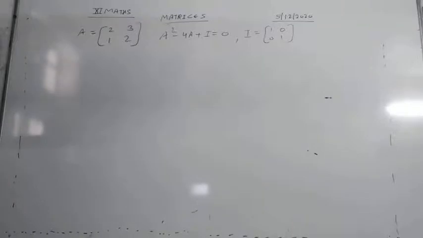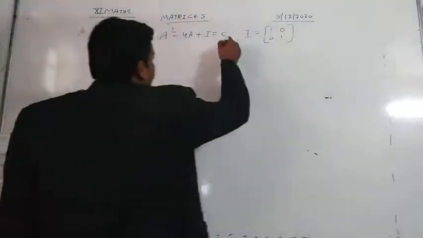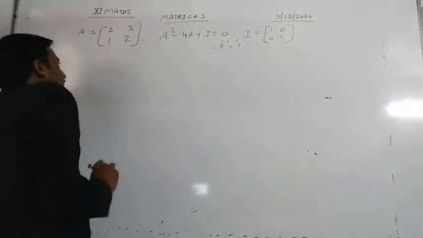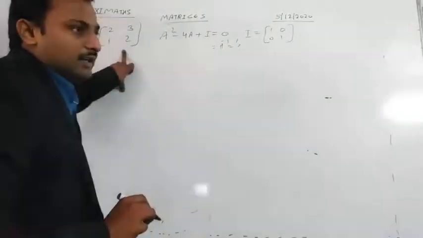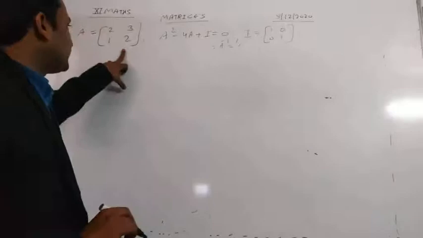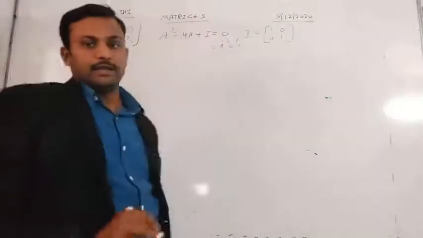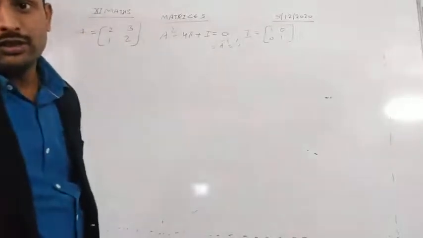Using the equation, find A inverse. So we are given this matrix, which satisfies this equation, and using this equation we have to find A inverse. This is our question.